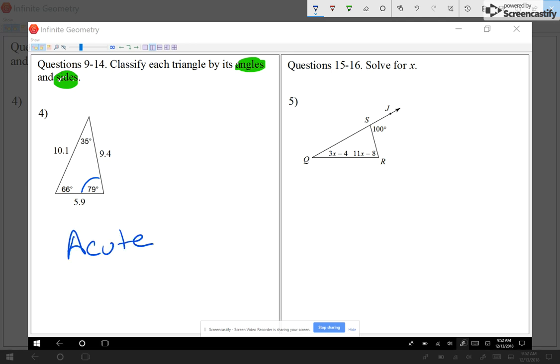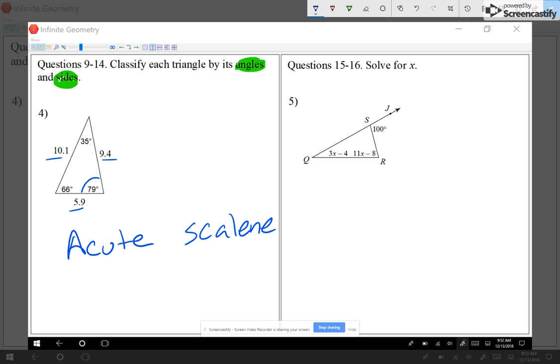When it comes to angles, give it the name of the biggest angle. When it comes to sides, I notice that all the sides are different, so we're going to call that scalene. If 2 sides were the same, isosceles. If all of them were equal, equilateral.